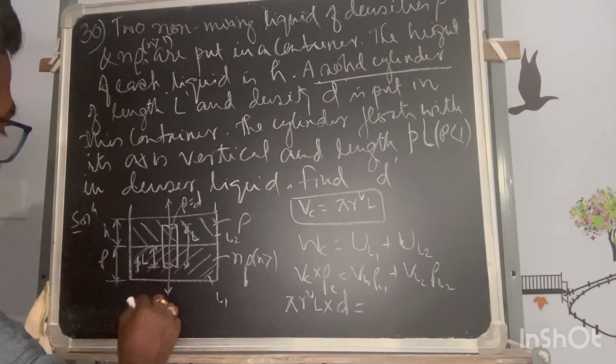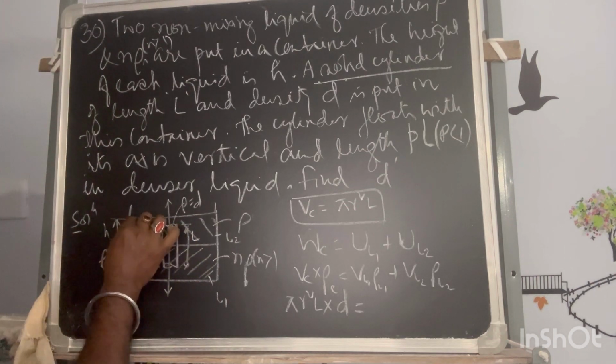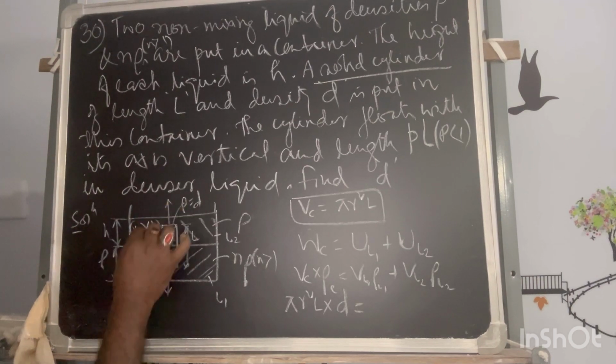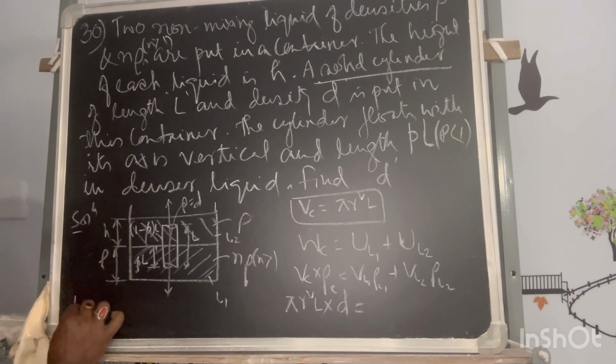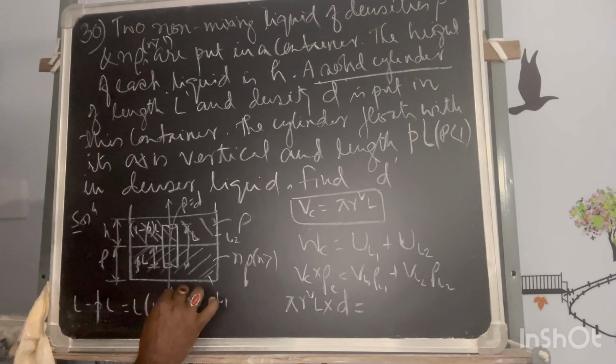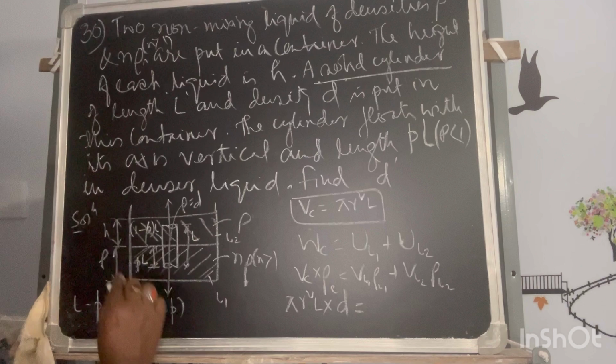The other part will be L minus small PL. If I take L common, this will be 1 minus P, so 1 minus P into L.